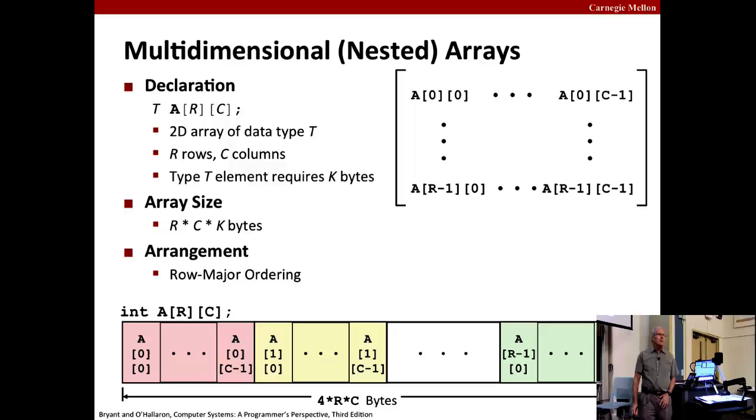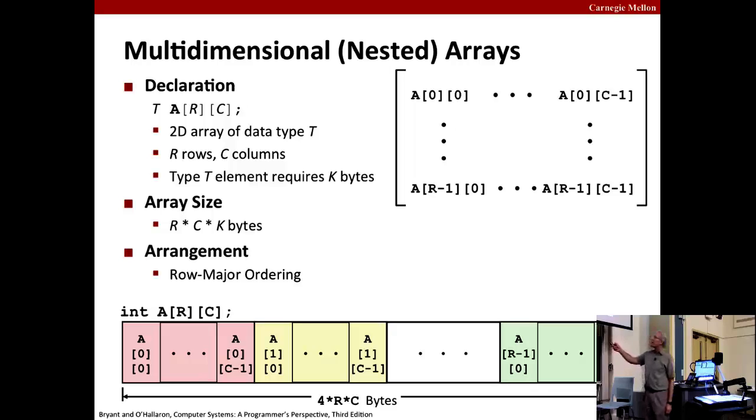That A is an array of 3 elements. And each of those elements is in itself an array of 5 elements of type int. And we'll get back to that, but that kind of explains everything I'm about to tell you in this picture.